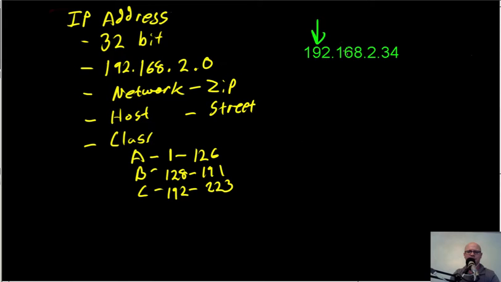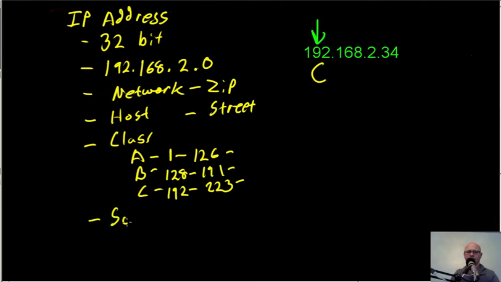All right, so this address here that we're going to be working with, this 192.168.2.34 address, is a class C because it fits between 192 and 223. So it's actually that first number there. Now, the classes are important because that tells us our default subnet mask.